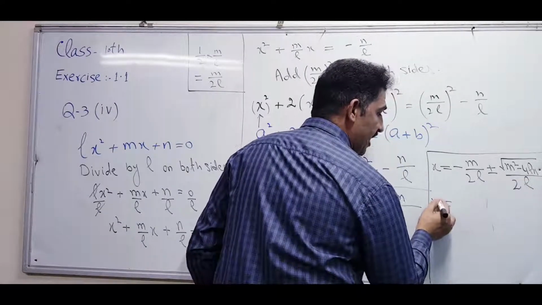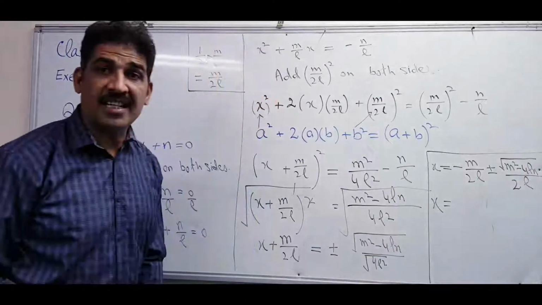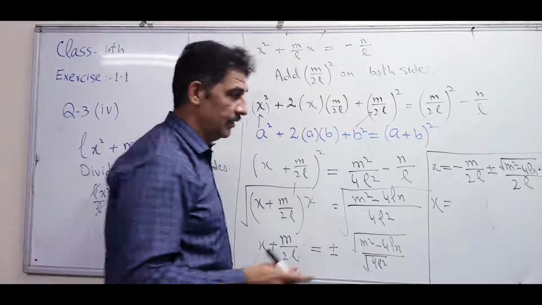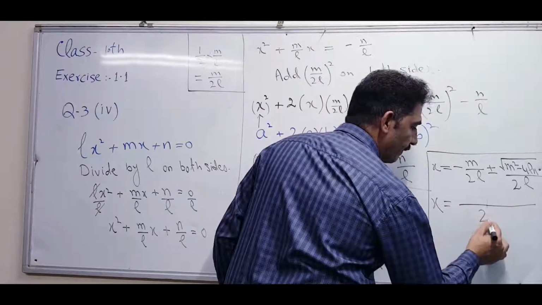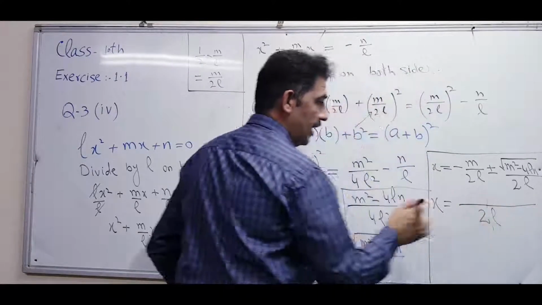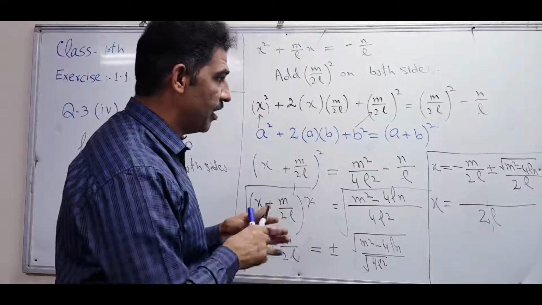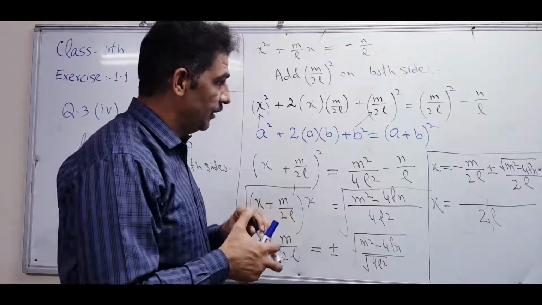Here the denominator is the same, so you can write it as a single fraction. How to write a single fraction? 2l, and here, because the marker has also completely finished.